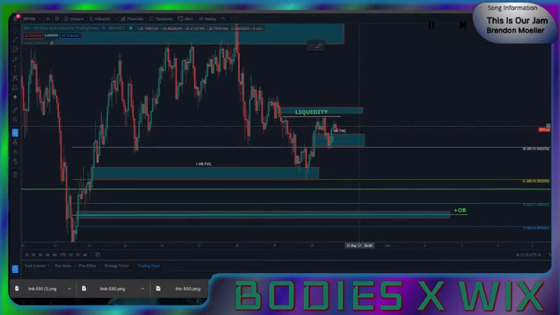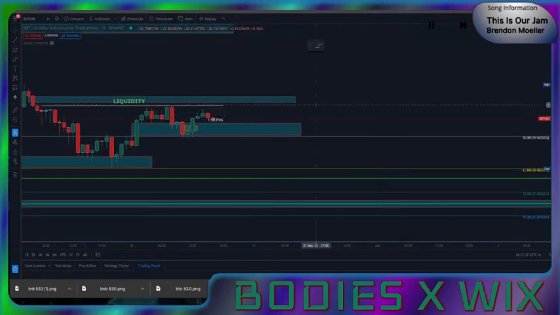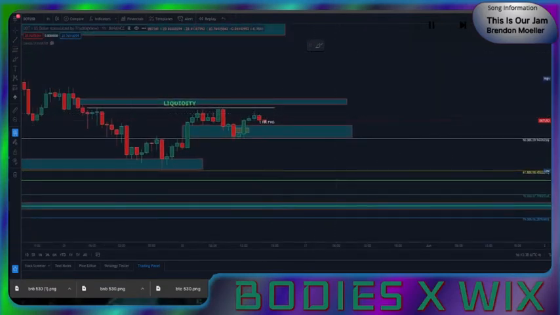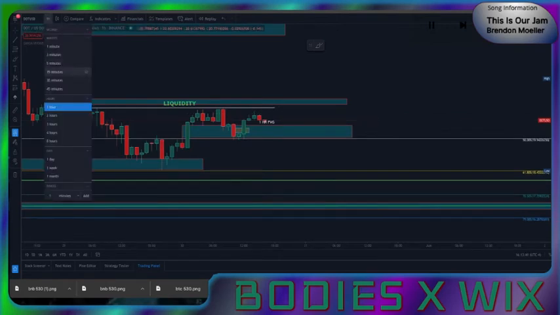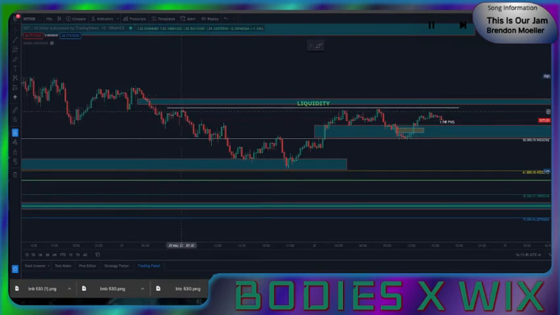Just ahead of that, if we get down into the 15-minute, we can even see how close these liquidity points are. I put liquidity right here because if you have a line, you can see a little bit of a high here, a little bit of a high here, a high here.